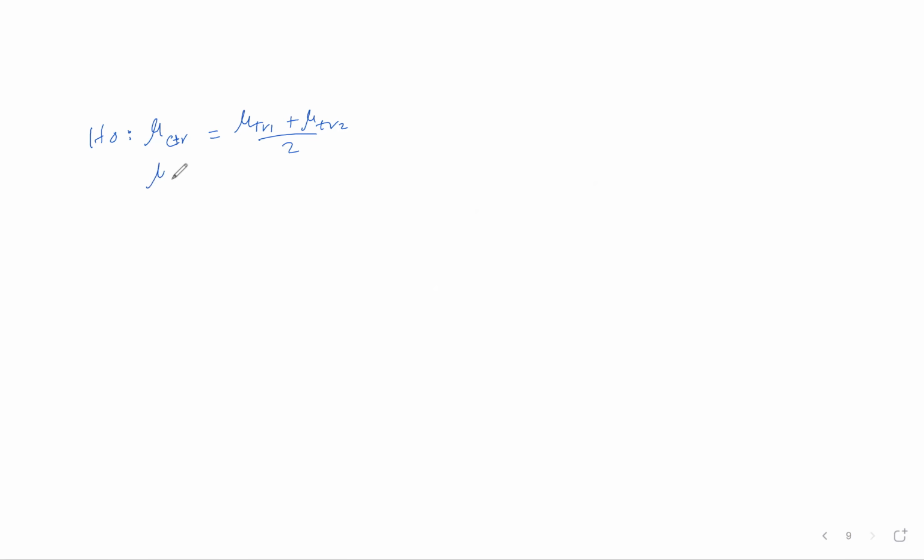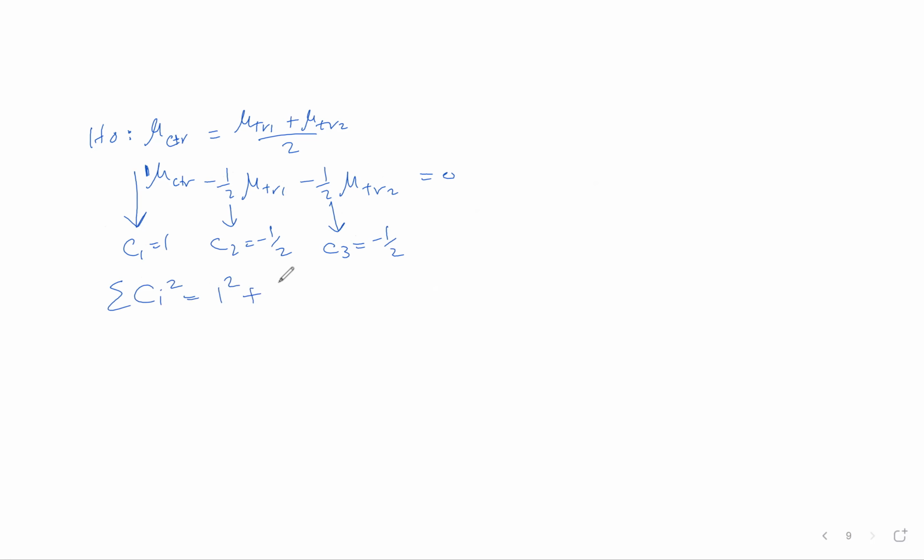This one can be written as mu control minus half mu treatment 1 minus half mu treatment 2 equals 0. So C1 is the value next to the first one. So C1 is 1. C2 is negative half. C3 is negative half. So the sum of CI squared is 1 squared plus negative half squared plus negative half squared. It is 1.5. This is how to find the sum of CI squared.